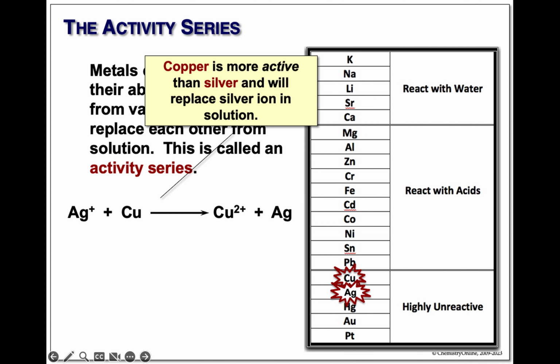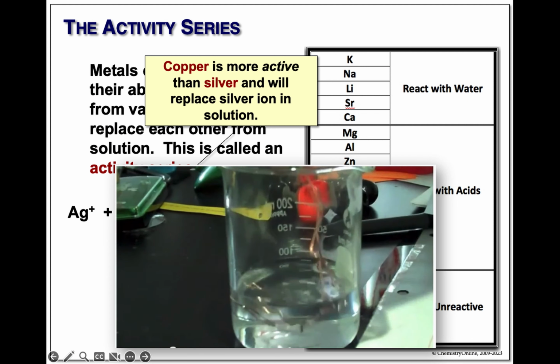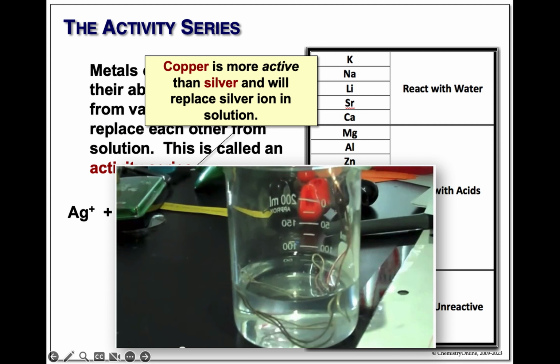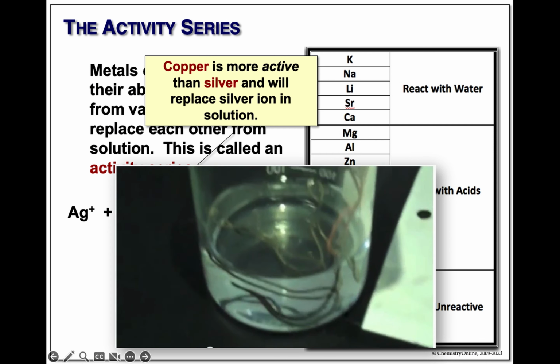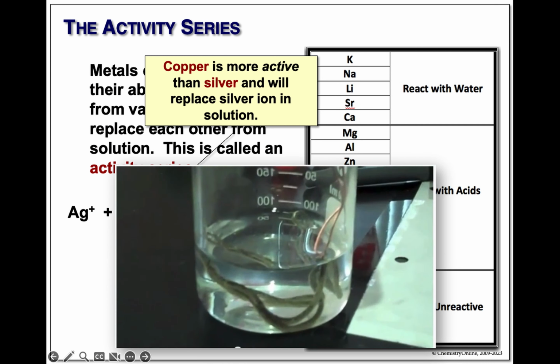This is similar to what we did with our nail. This solution here has a copper salt, copper nitrate, I think. We just put copper metal into it. No, silver nitrate, sorry. After about 2 minutes, we wind up with fuzzy copper.